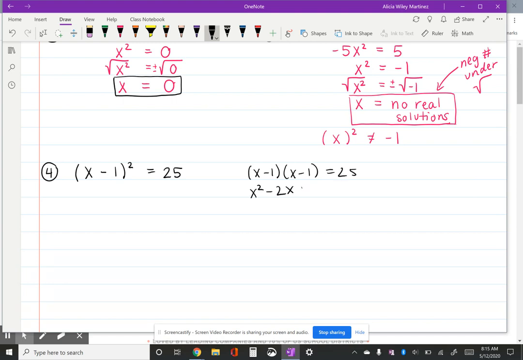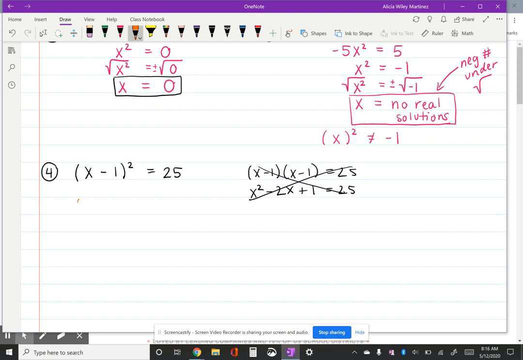It's not really necessary to do all of that work because there is a quicker method of solving this. Anytime you have something squared equal to a number, whether it's just a variable or it's a binomial, you can always get rid of that power of 2 by square rooting.